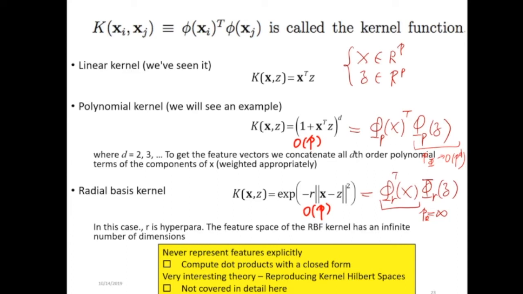So why is infinite size good? Why is the infinite-size nonlinear space I projected to good for SVM? We just talked about it, right? Why is it good?